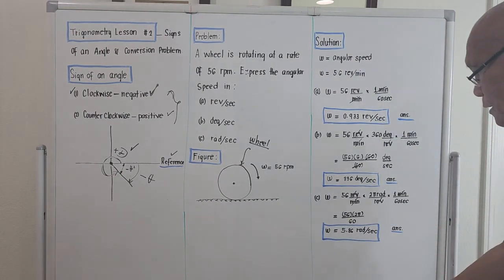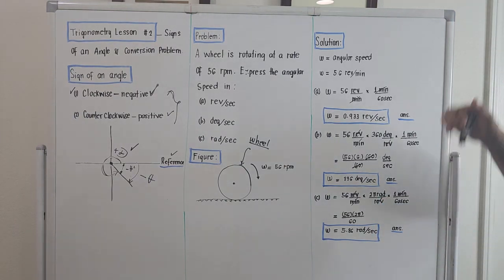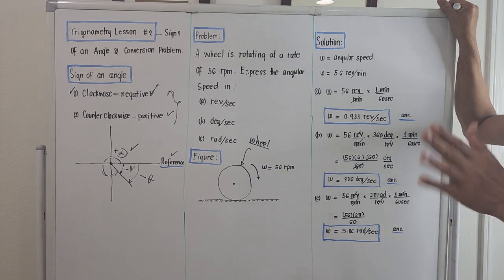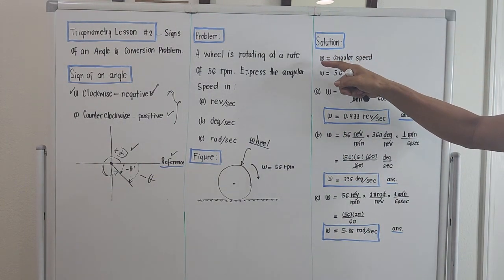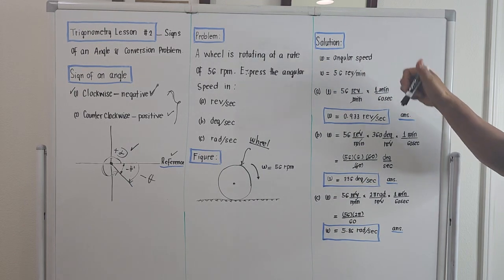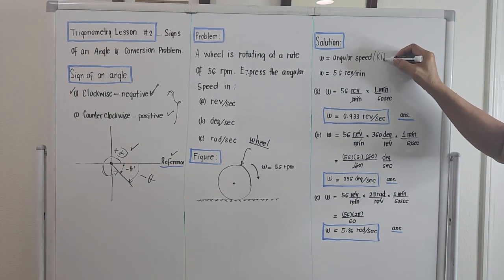Okay, let's try to bring out this solution. This is an easy one. This is just a conversion problem. So, okay, it doesn't hurt. We'll try to bring it out. Omega is angular speed. This is used in kinematics.